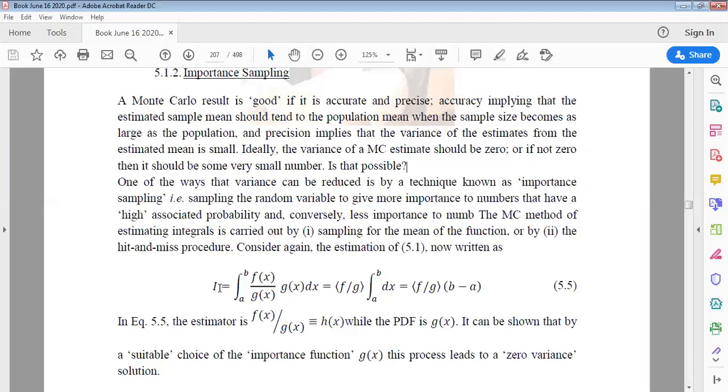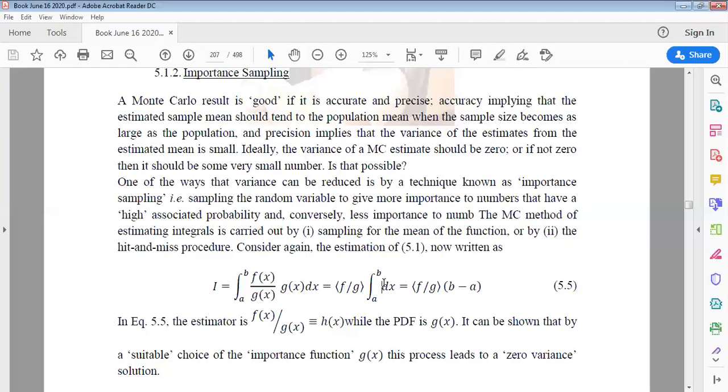So the integral I equal to the integral of f of x dx is now looked at as f over g times g. So if I say that I'm going to carry out a sampling from g, I'm going to use g of x over here. So there's a g of x missing over here. So if I say that I'm going to use g of x as a PDF to sample x from, then I can take out the mean value of f over g.